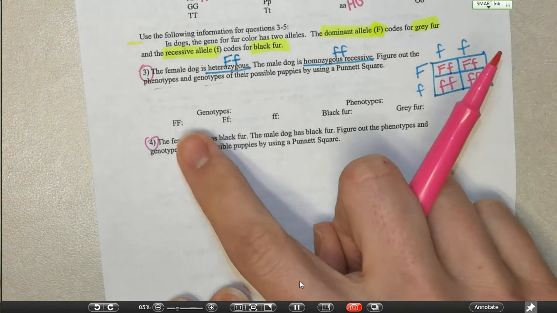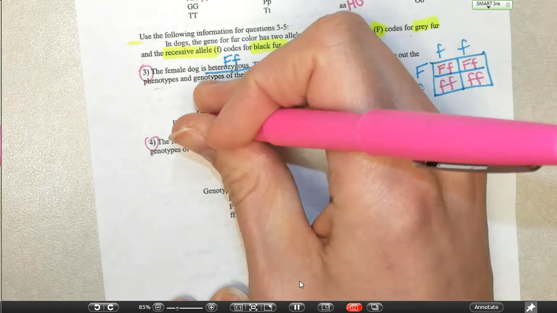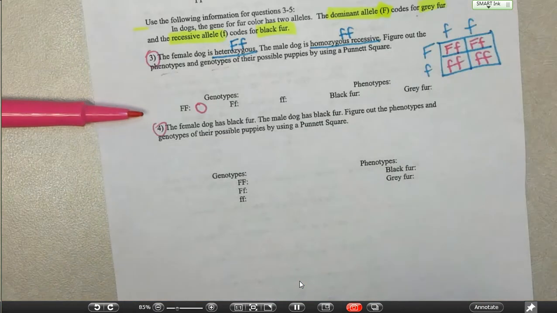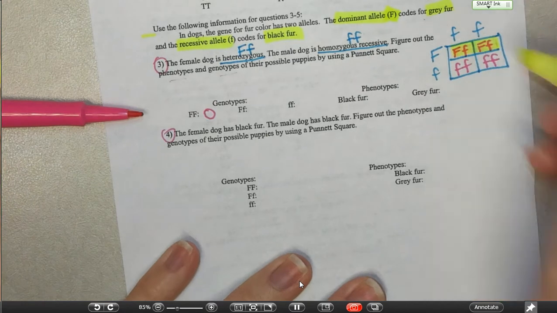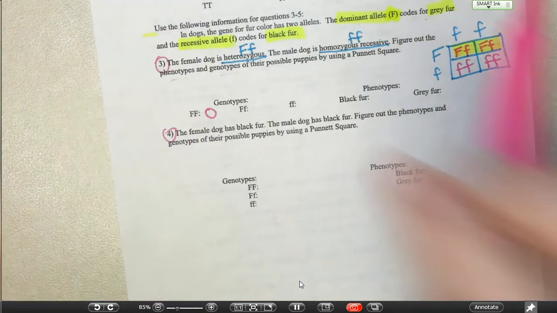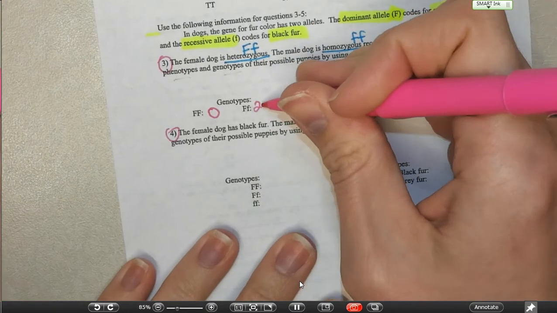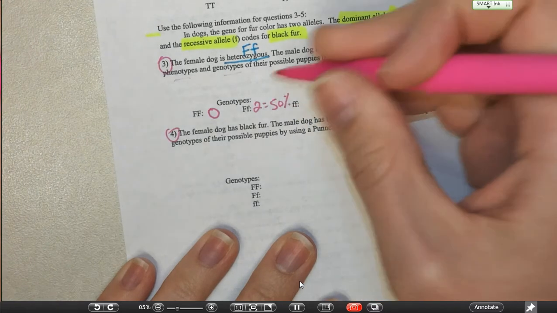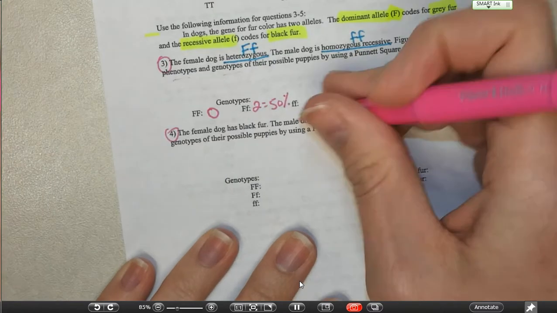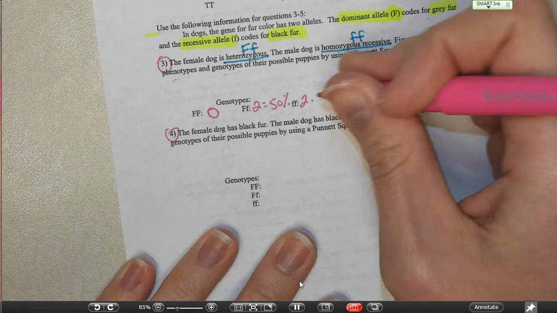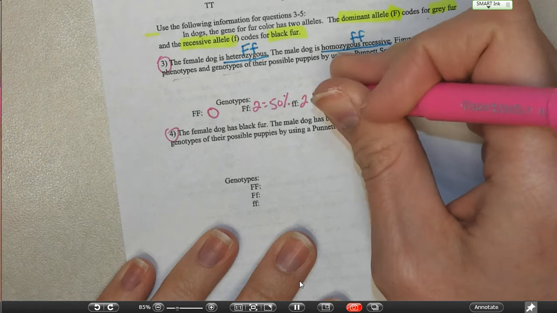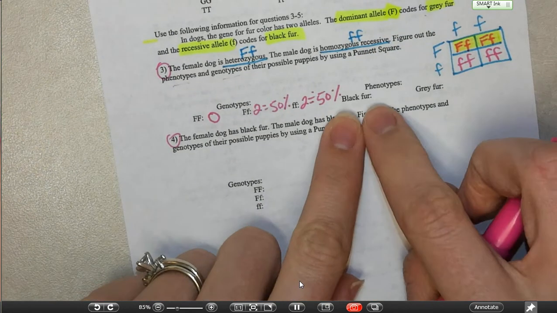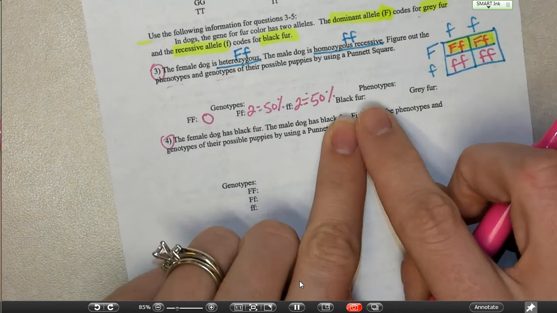So we have 0, capital F, so I'm just going to write a 0 here. We have 2, little f, which obviously are right there. Or I'm sorry, big F, little f, which is 50%, okay, 1/2, okay, and then we have 2 again, little f, which obviously is 50%, okay. As we're looking for the phenotype, we need to know what the black fur or gray fur is.